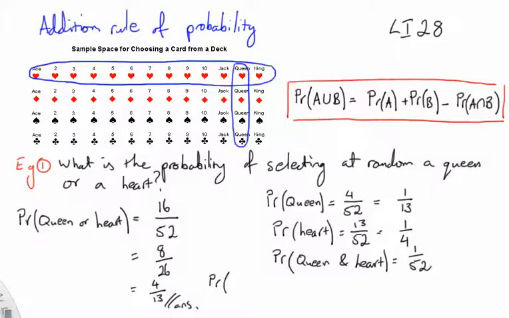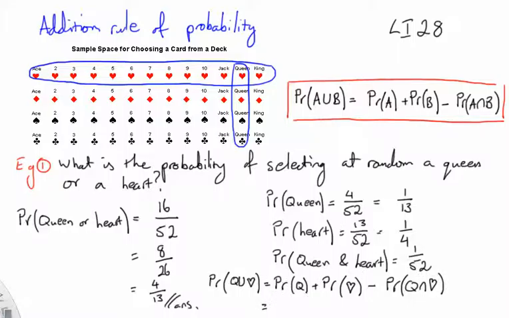The probability of a queen or a heart, so drawing a queen or a heart, equals the probability of drawing a queen plus the probability of drawing a heart minus the probability of their intersection. So the probability of drawing the queen of hearts. Well, let's sub in our numbers.